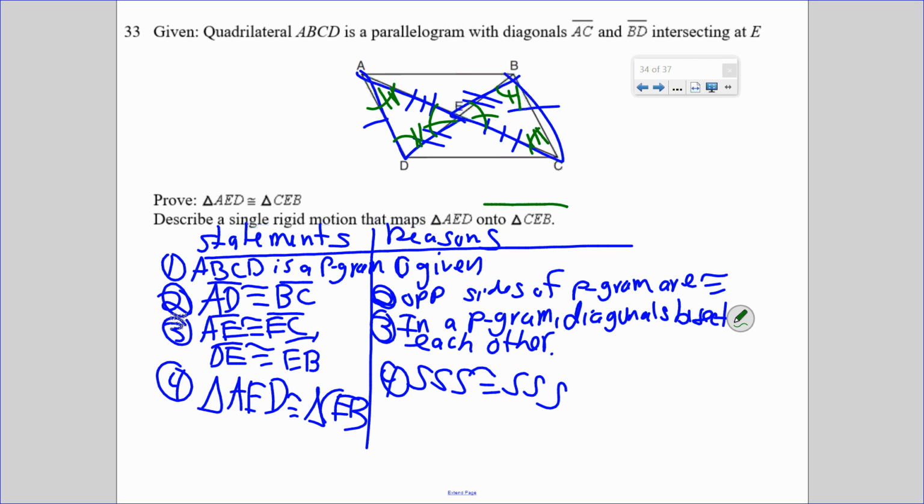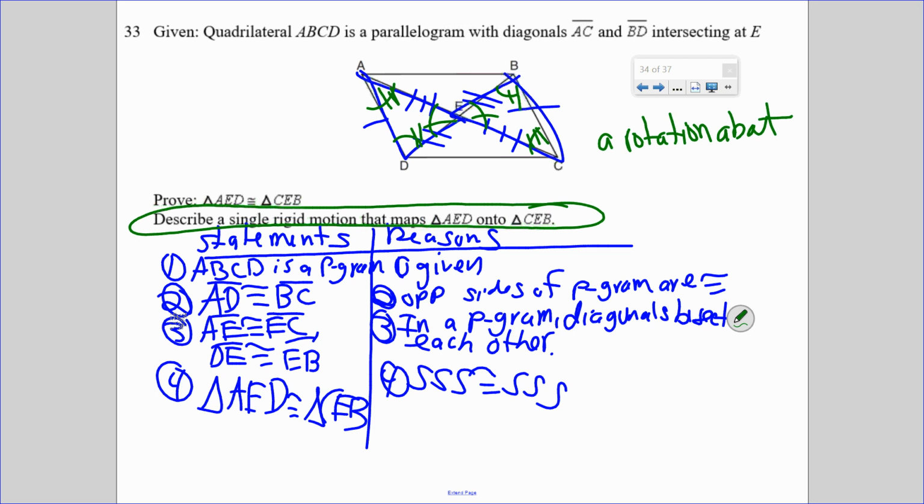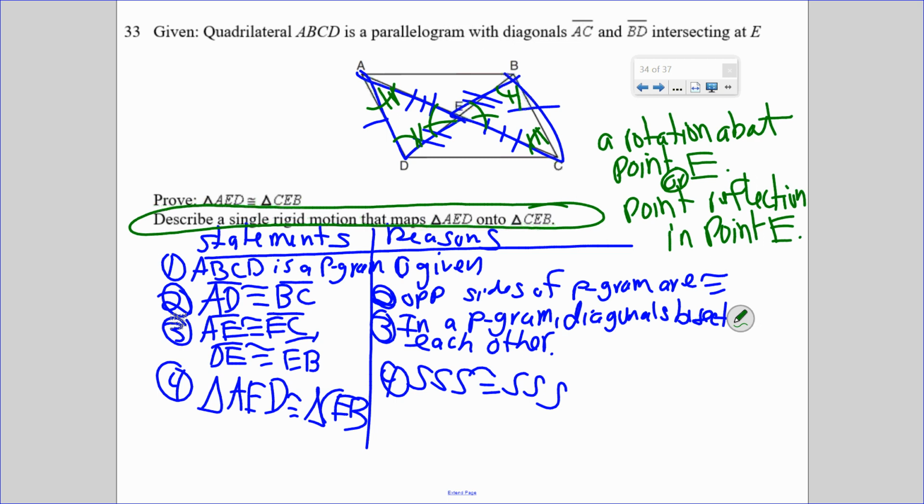It then asks a follow-up question. Describe a single rigid motion that maps them. Well, you could have done a rotation about point E or a point reflection in point E. Either one of them is sufficient.